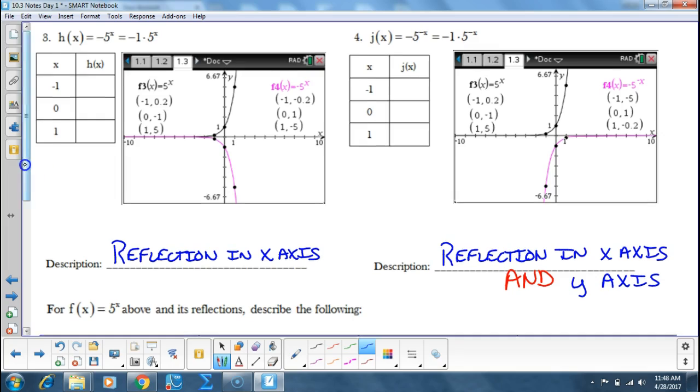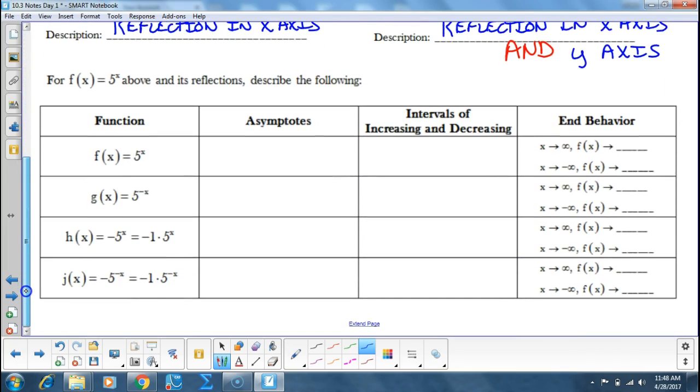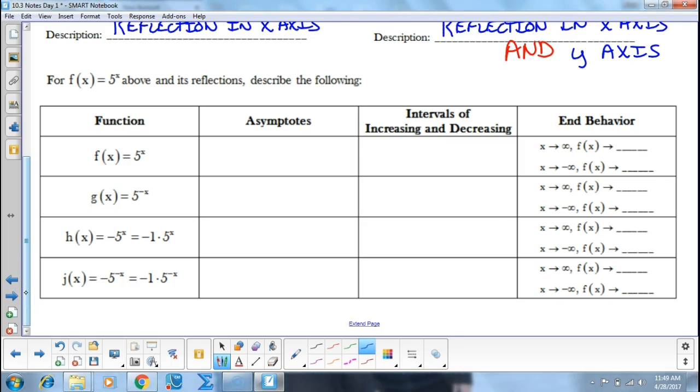So then we asked you to fill out this chart with its reflections. For all of them, the asymptote is y equals 0.